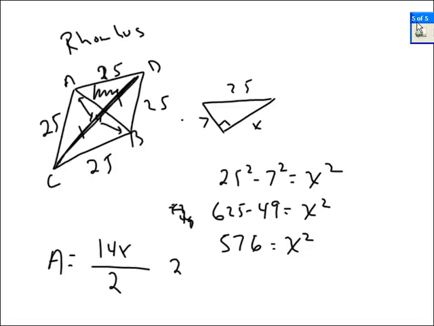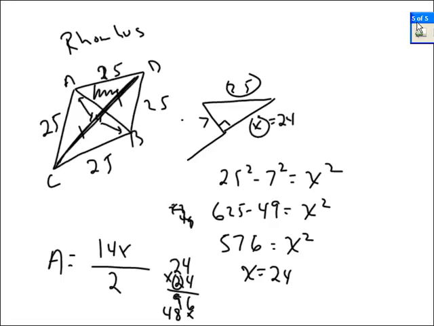It can't be 28 because it has to be less than 25. Let's try 24. 4 times 24 is 96, and 2 times 24 is 48, and when you add those up, you actually get 576. So x is 24.